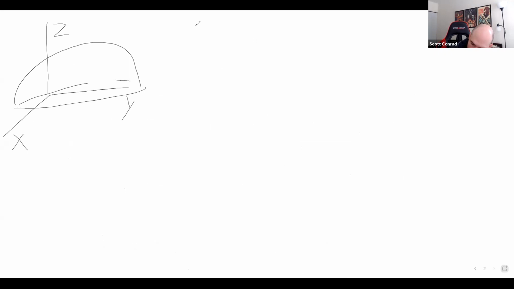So the case for functions of two variables is similar, except the graph for a function of two variables is now a surface. So this is our surface z equals f of x, y.